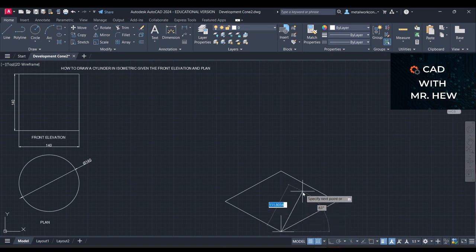We're going to do the same thing from the same point, but the angle would be 60 degrees to the left of the horizontal line, which would be a t-square line.